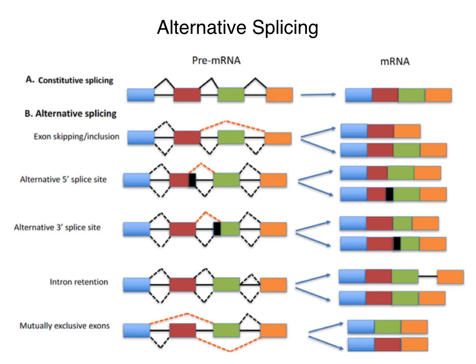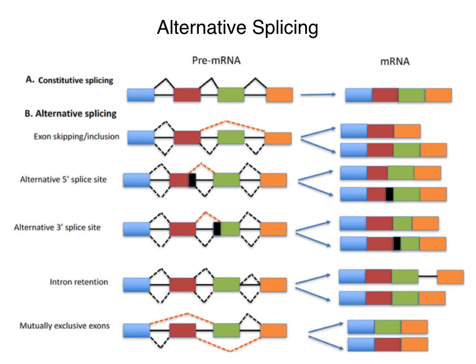That is possible if we just remove all the introns and remove the green exon, okay? Sometimes we might remove or include portions of an exon, as you see here in the alternative 5' splice site or 3' splice site, okay?